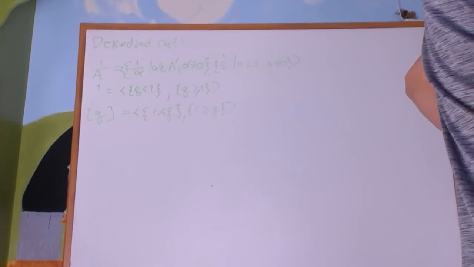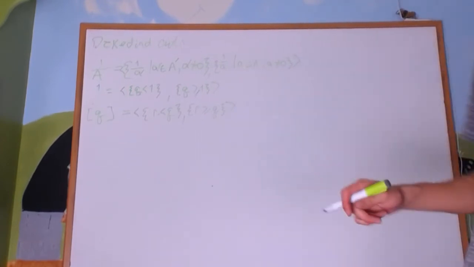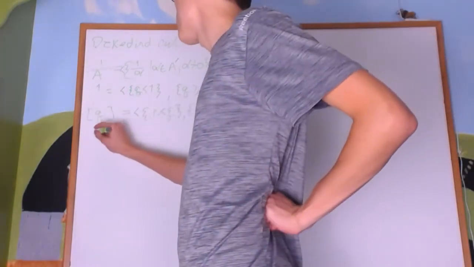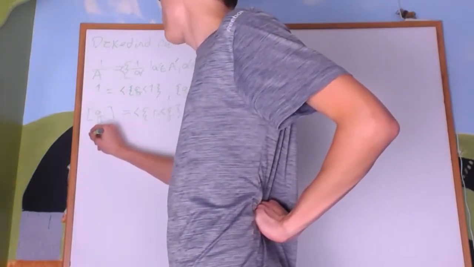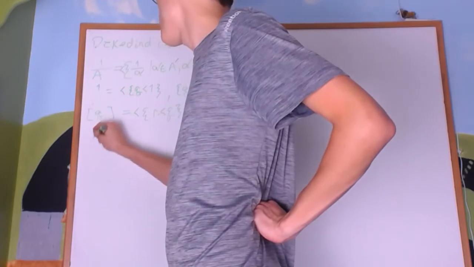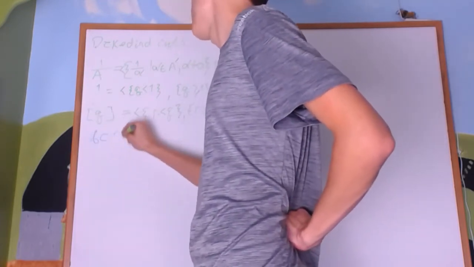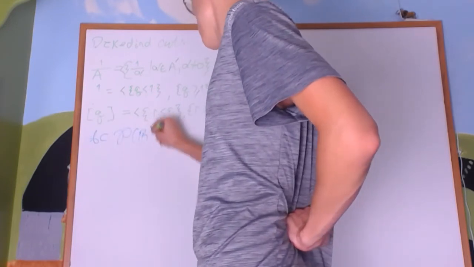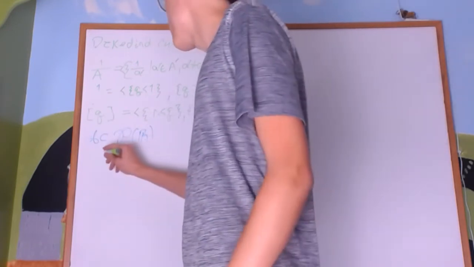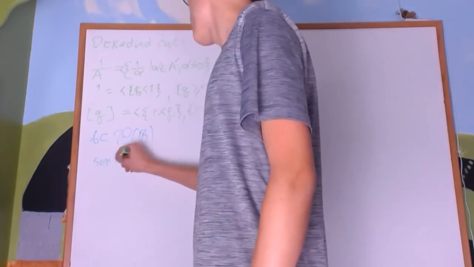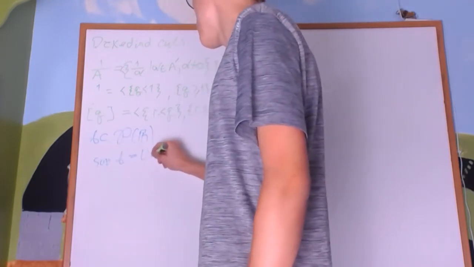Least upper bound property. Okay, let's prove the least upper bound property. So, if we have a set A, which is a collection of these Dedekind cuts, then the supremum of that set is just the union.